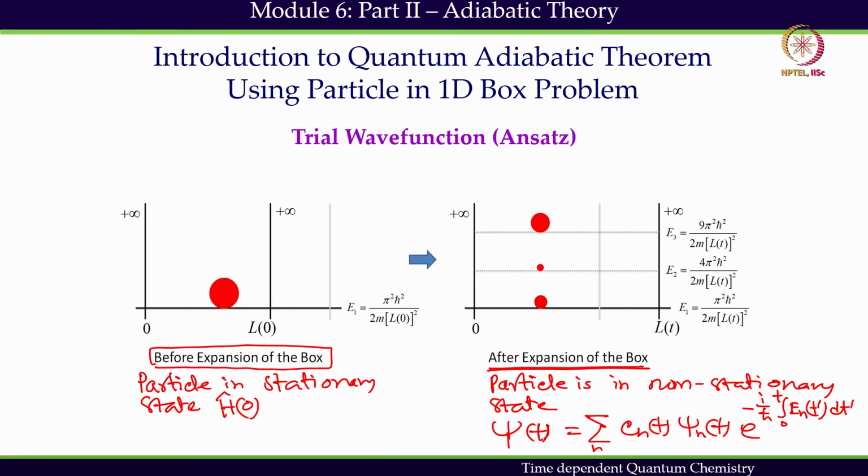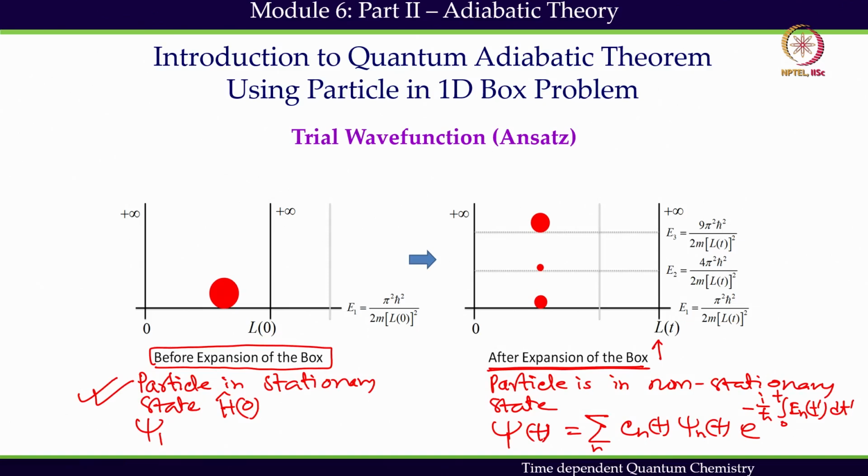That's going to be the non-stationary state immediately after the expansion is over. One key point to remember is that before the expansion the particle was definitely in a stationary state. Here we assume it was in the ground state, psi_1.